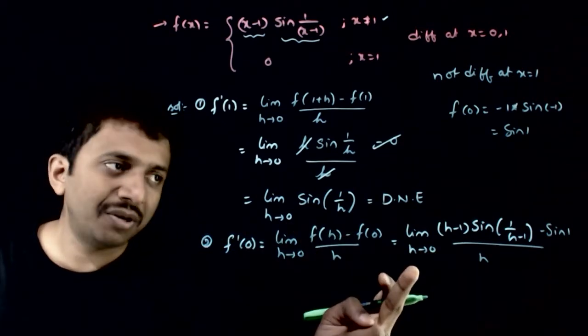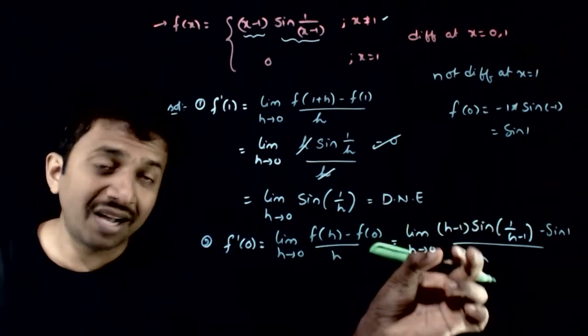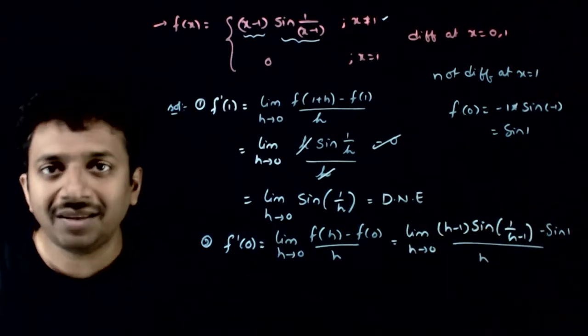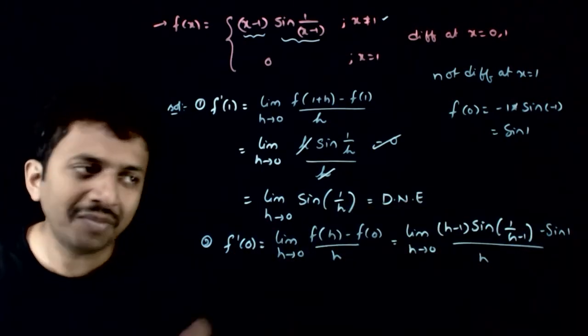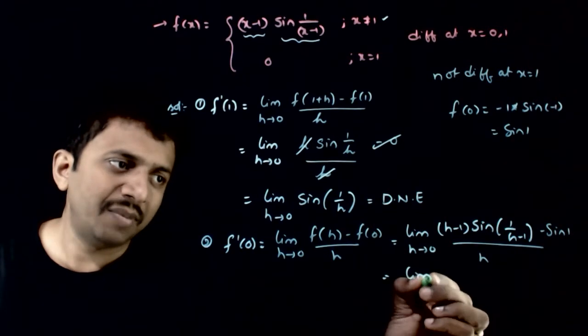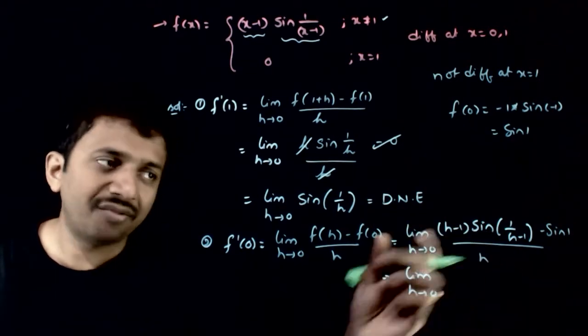So as h tends to 0, this function is becoming 0 by 0, an indeterminate form. So I can use L'Hospital rule. Limit h tends to 0. So what is the differentiation of this?